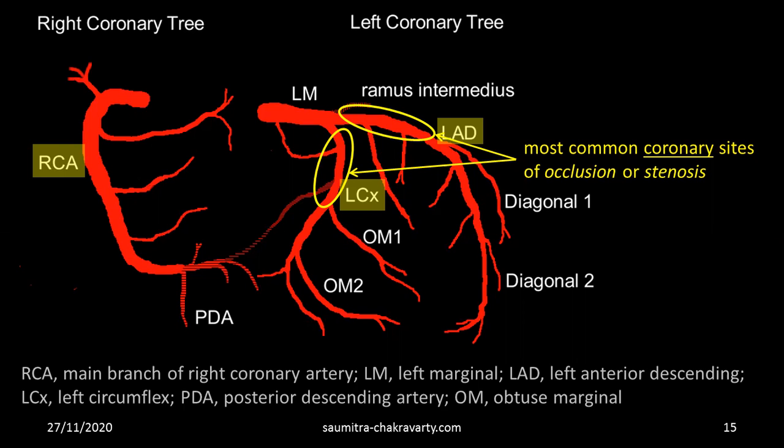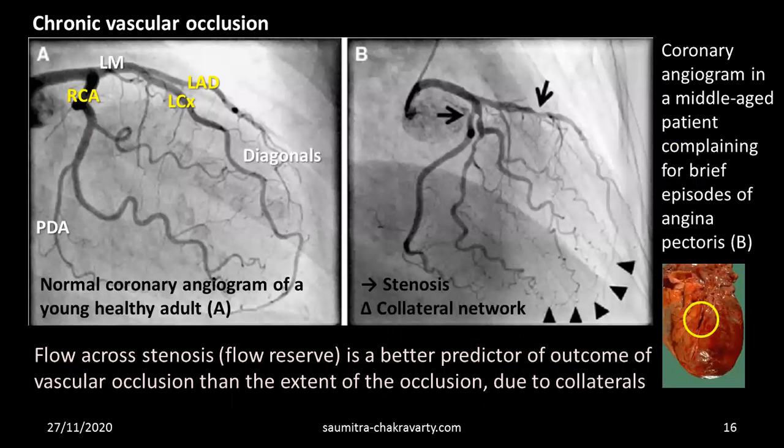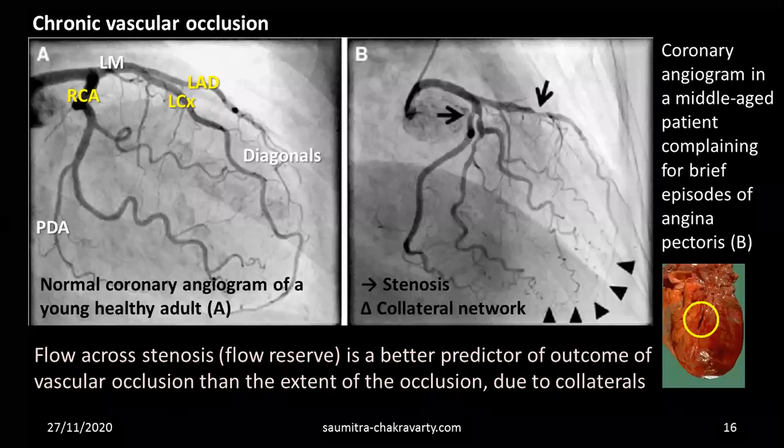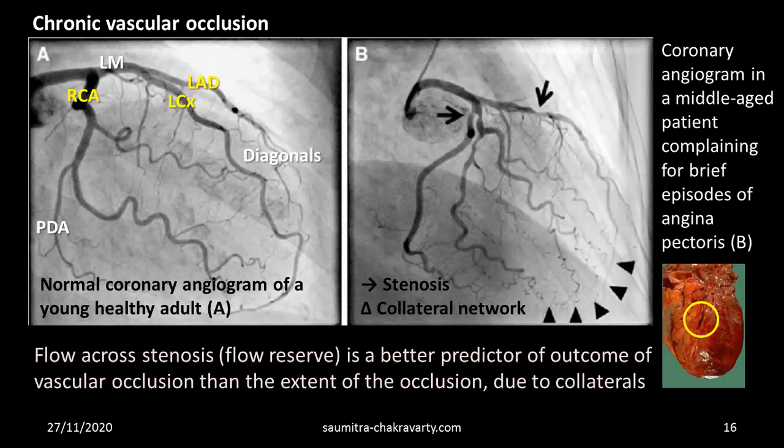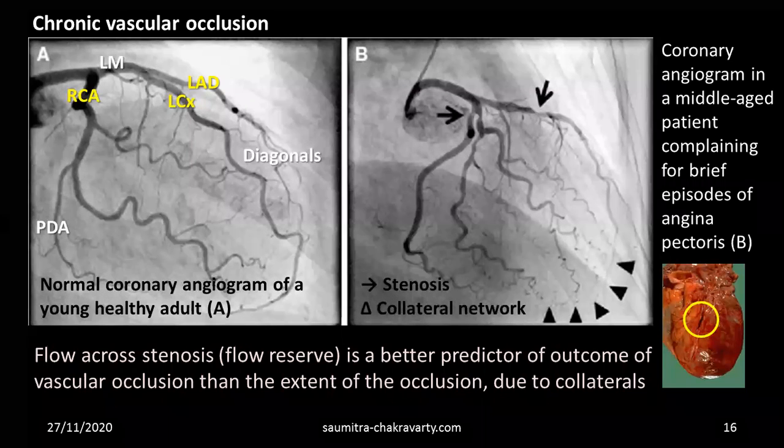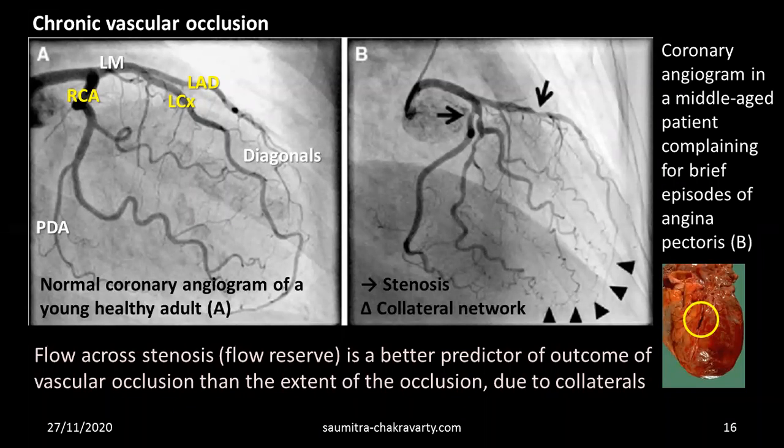Okay, the areas pointed here. If we look at the angiograms, do you see the stenotic parts on the right side? On the left hand side, it's from a young healthy adult who doesn't have any problem. But on the right hand side, some unfortunate guy or woman, I don't know, has stenosis at two places.